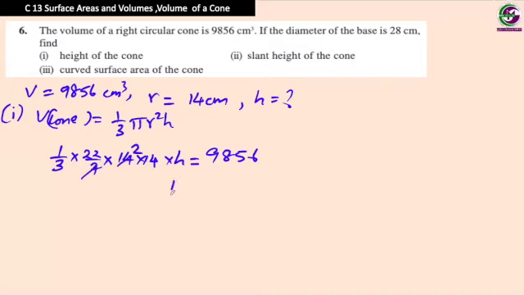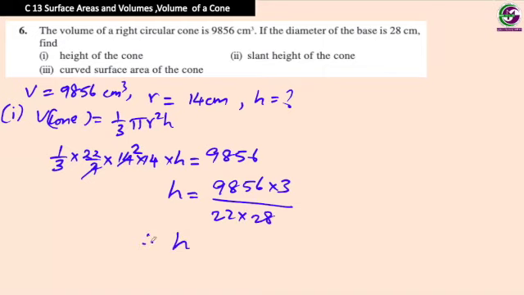So therefore height is equal to 9856. 3 will move to the numerator, and 22, 2 and 14 will be down. 22 times 28. Therefore, height of the cone will be equal to 48 centimeters when you simplify this. Next, we have to find the slant height.